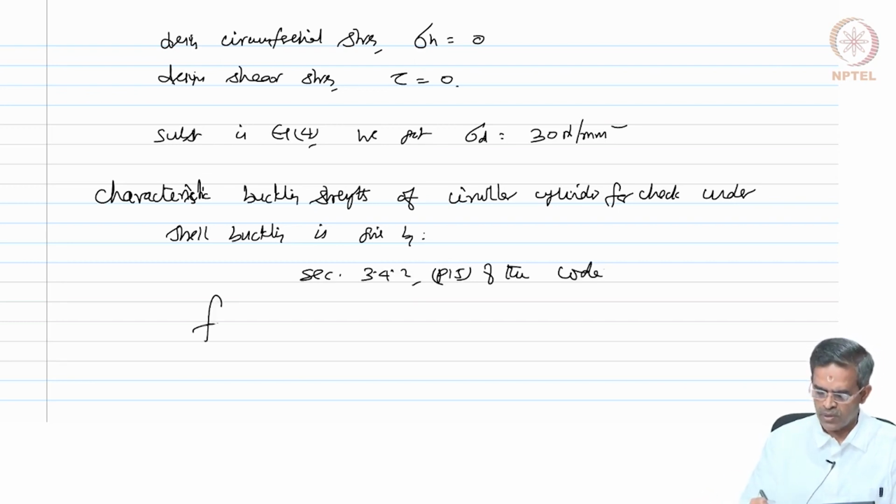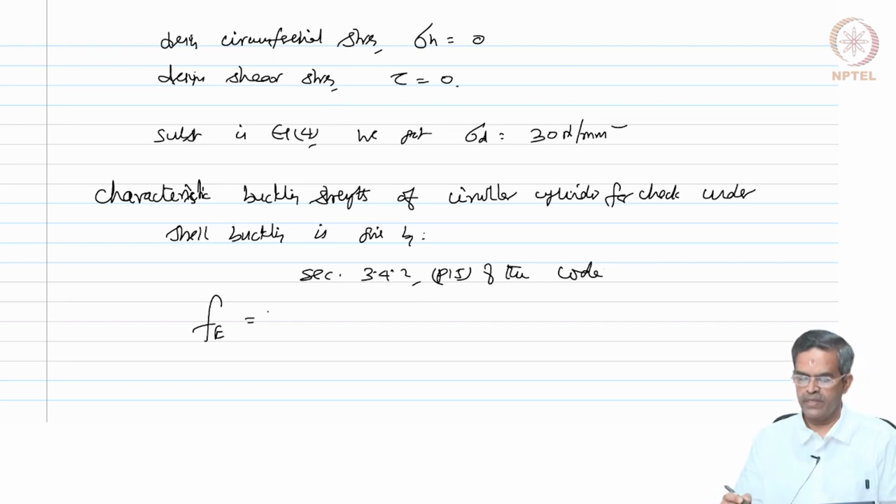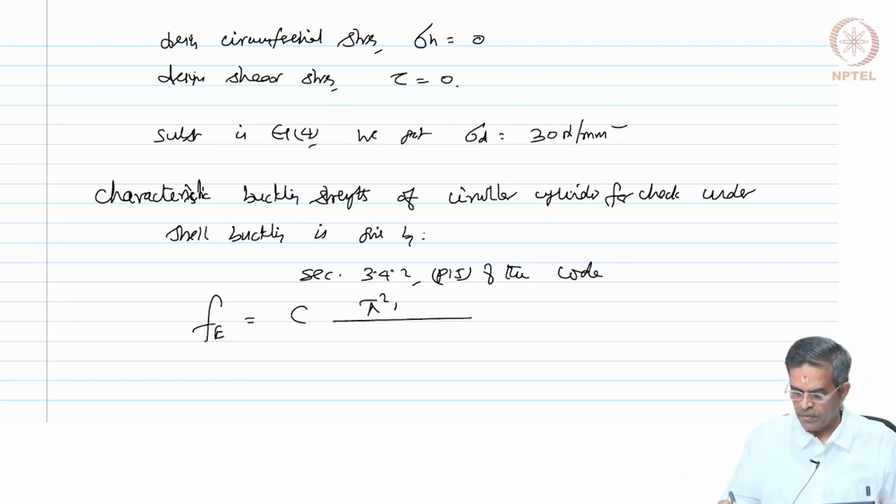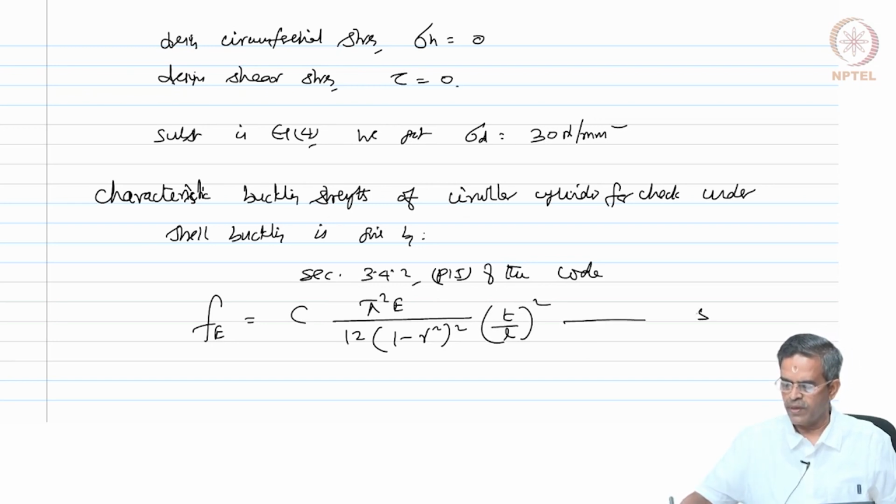I am reproducing the equation again here. Fe is given by C times pi square E by 12 (1 minus nu square) of T by L the whole square. We will call this equation number 5.